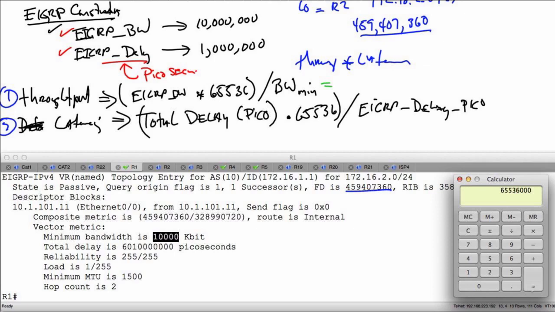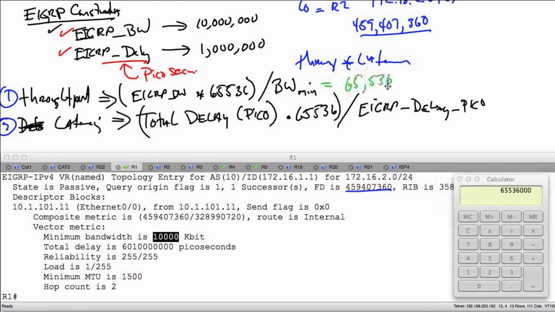I'll write that in here. That value is 65,536,000. Now I want to confirm this just to make sure my numbers are right.